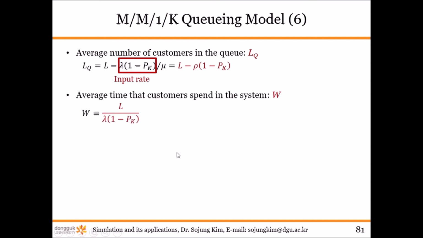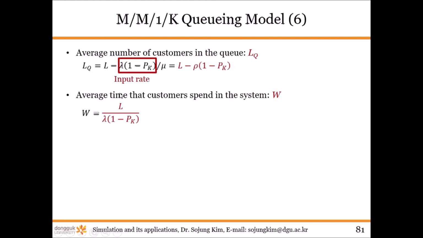Anyway, once you have the L value, the average number of customers in the system, you can calculate the average number of customers in the queue, also known as L_Q. L minus the input rate lambda over mu will give you the L_Q value. Because now you know L, you can calculate L_Q as well.